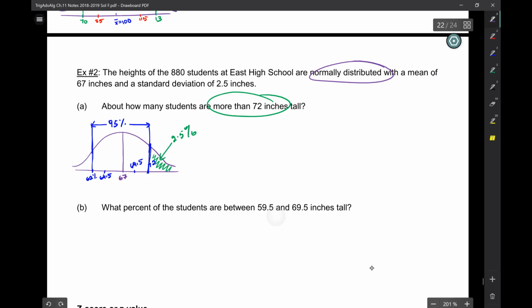So you do 880 times 0.025 because it's 2.5%. Let me write that. 880 times 2.5%. And that is 22. So we say 22 students are more than 72 inches tall.